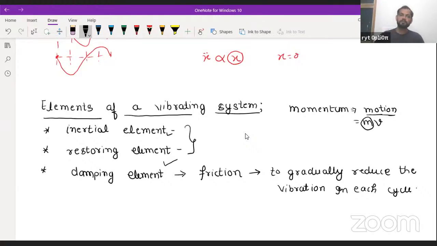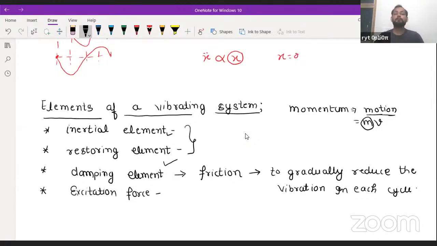Is it okay? Fine. Now what about another term? There is one more term, the excitation force. What is the excitation force? Inside your system, there may be an excitation force which is continuously disturbing the system.